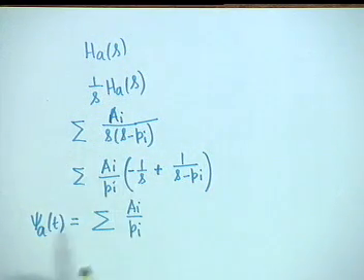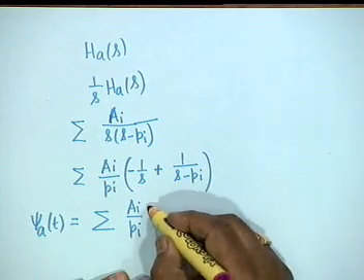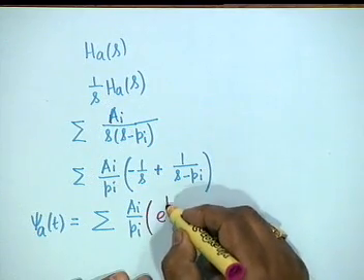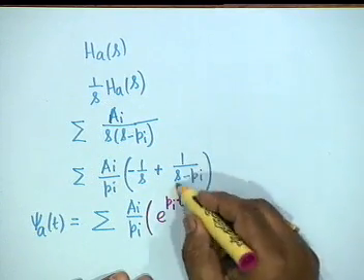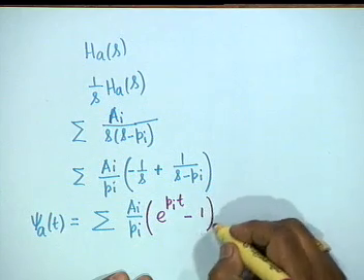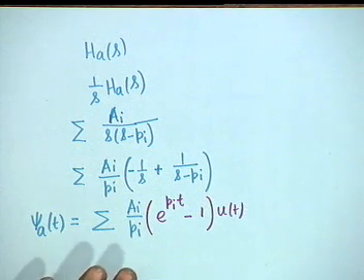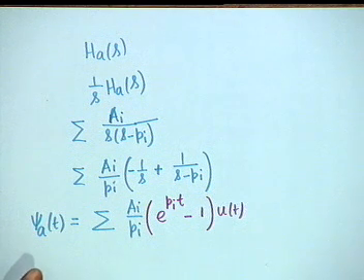So, A sub i by pi, then you get e to the power pi t corresponding to this term minus 1 times u of t, agreed. Is that okay? This is the unit step response.